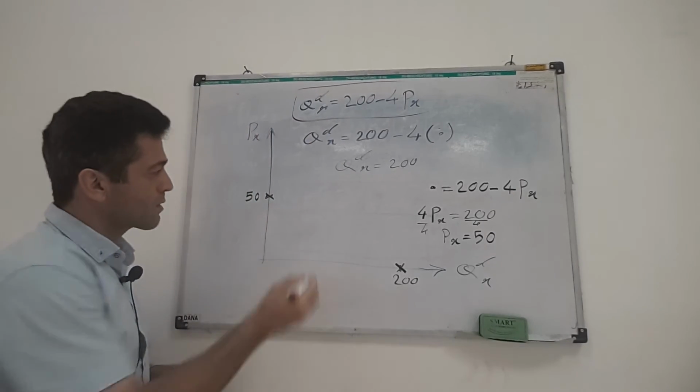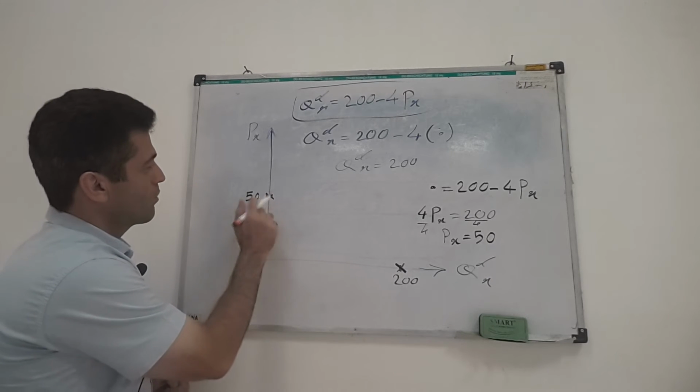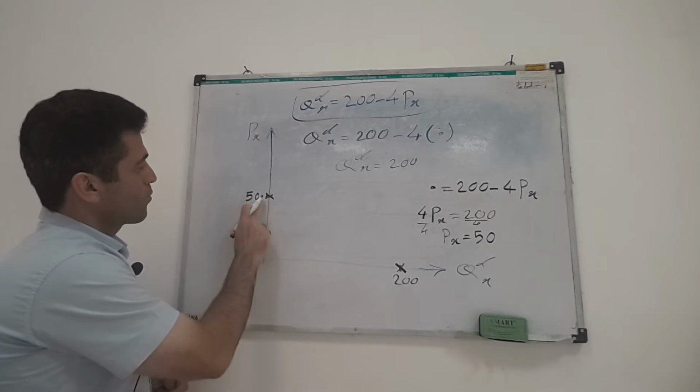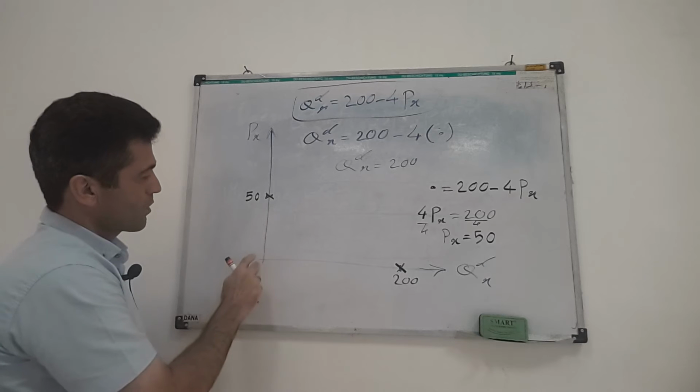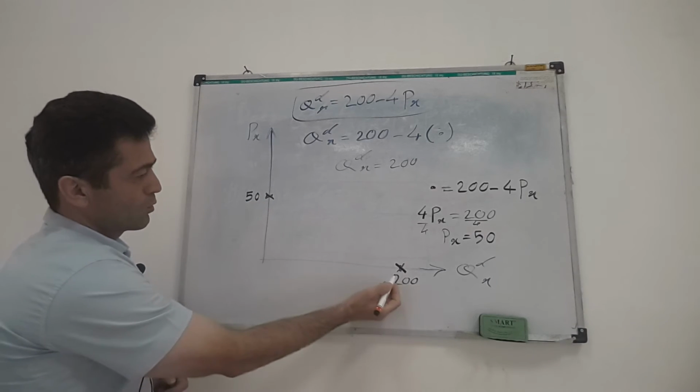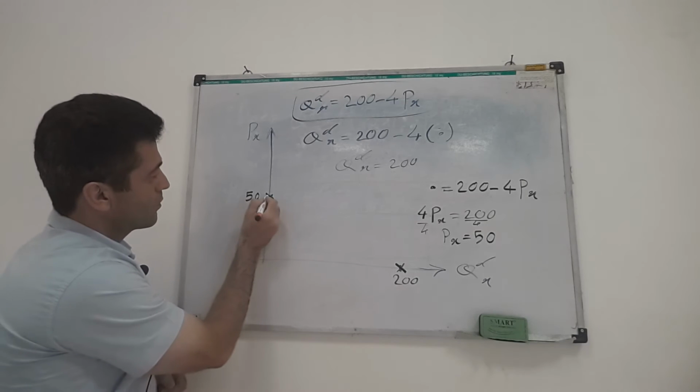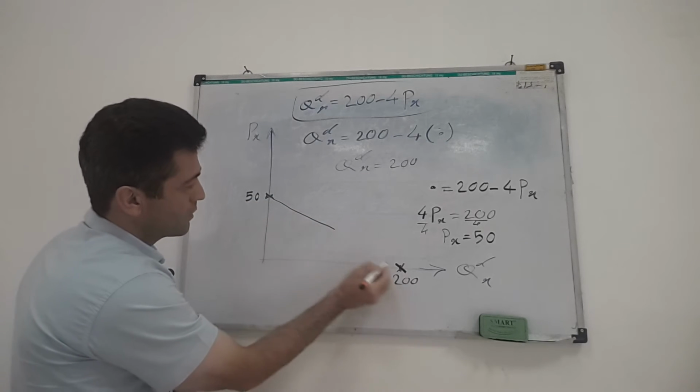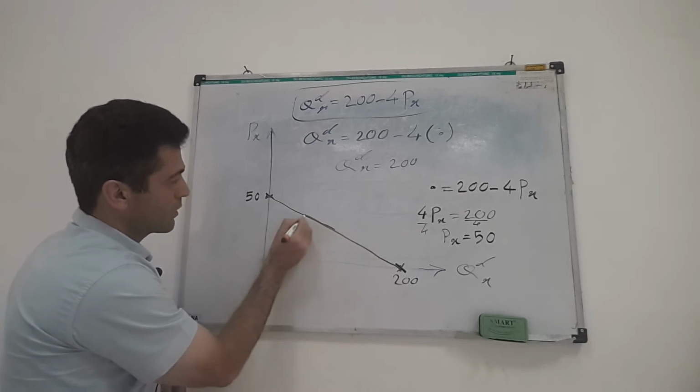We have 2 points here. One point is 0 and 50, and another one is 200 and 0. We connect, we link these 2 points together continuously.